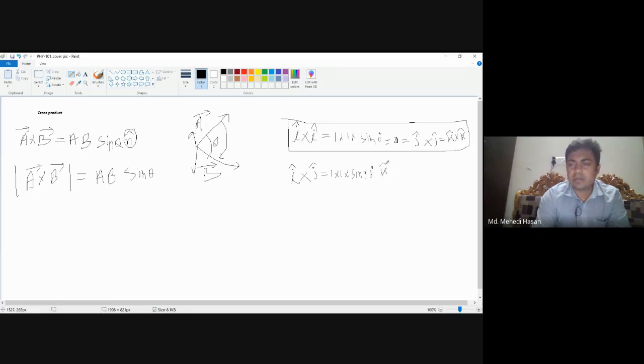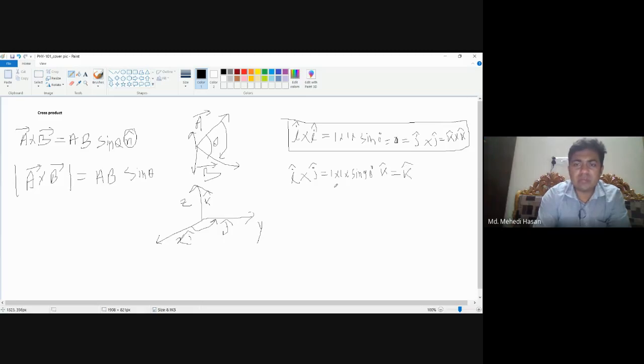Just apply the right hand rule. If this is x, this is y, this is z, with unit vectors i, j, and k, then if you move from i to j, the upward direction represents the remaining unit vector k. So the answer is k.